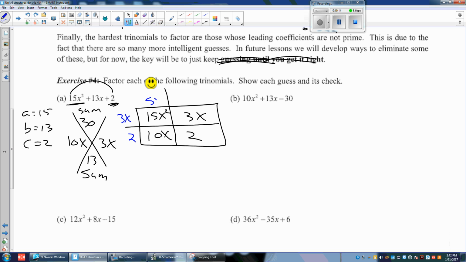That would be 5x. 3x times what is 3x? That's 1. And then you check. 2 times 5x is 10x. 2 times 1 is 2. So they check. And the answer is 5x plus 1, 3x plus 2.